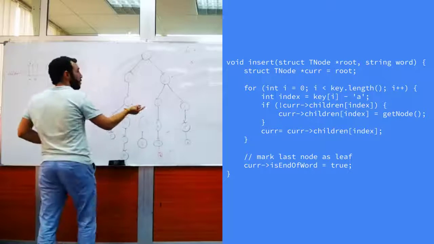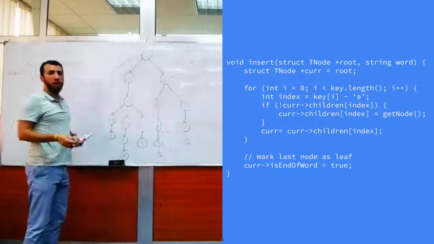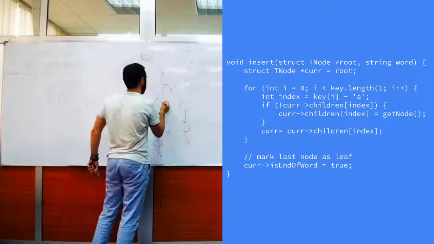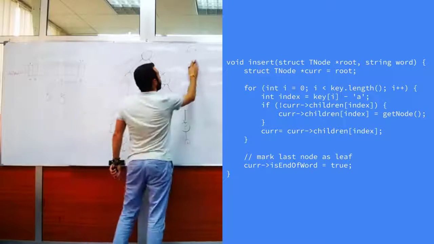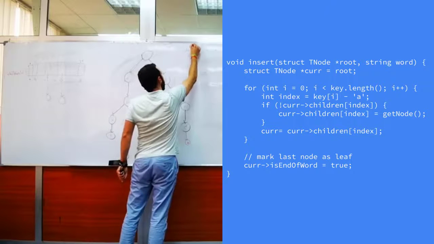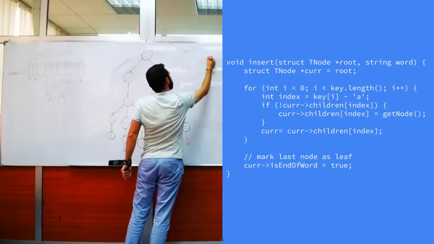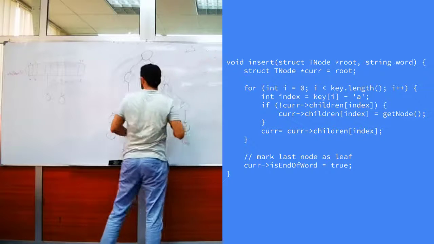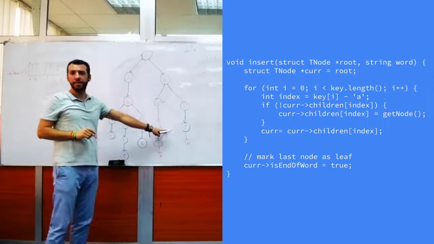Since there is already O, again I do not make any creation. The current progress is here, and my next character is I. Therefore, my index is going to be I minus A. Right now, I see that it doesn't exist.